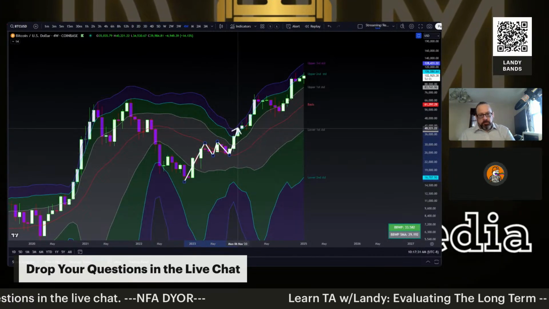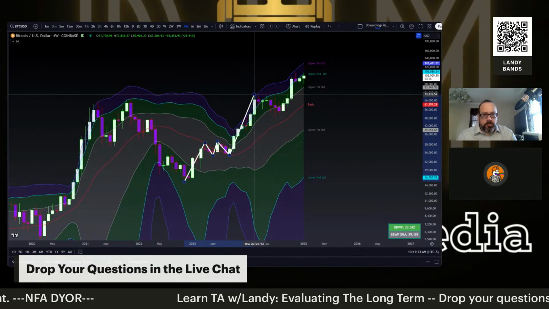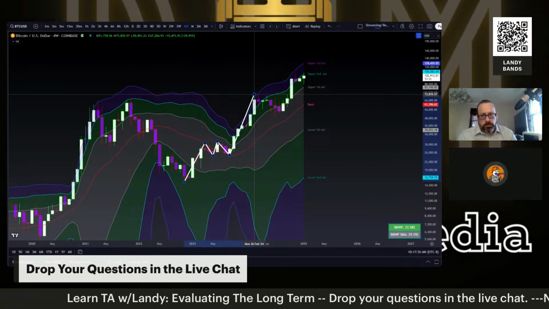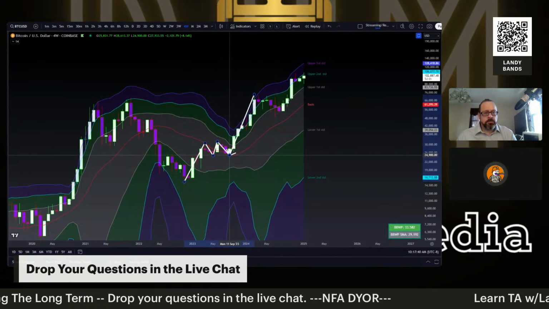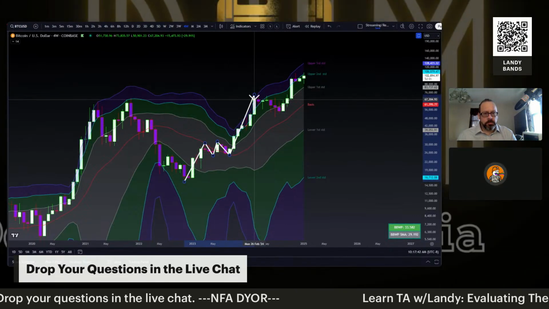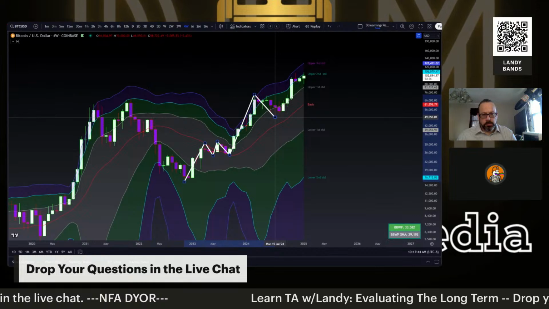Then we had a downtrend break to a new high, so we had our trend reversal. We had lower highs, higher lows, higher highs. That's a trend reversal. We then moved into that $49,000.